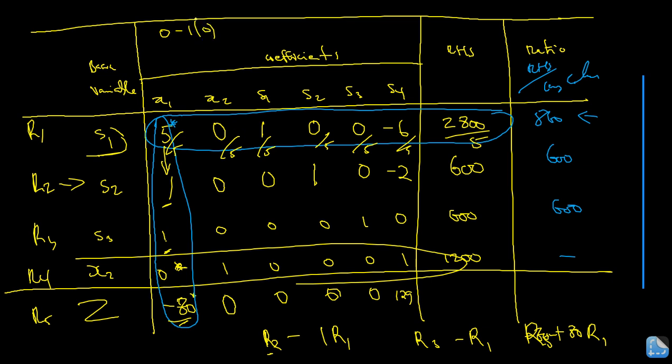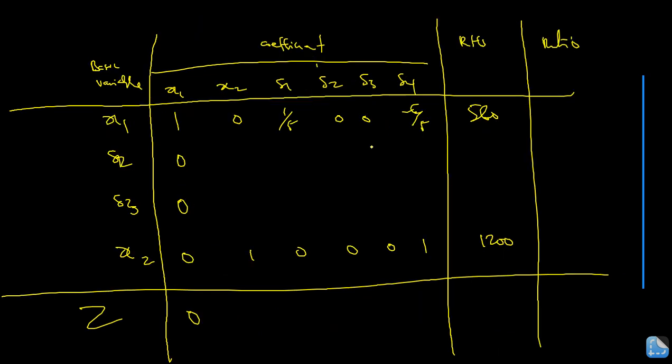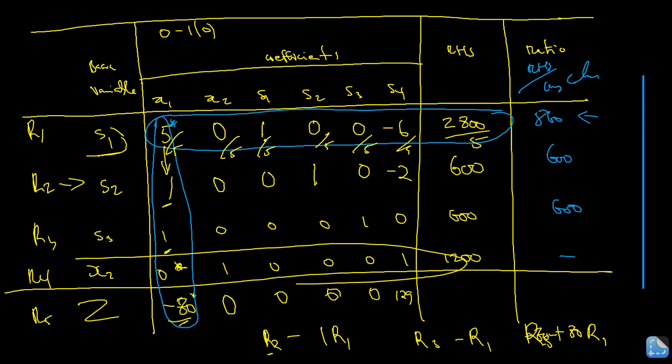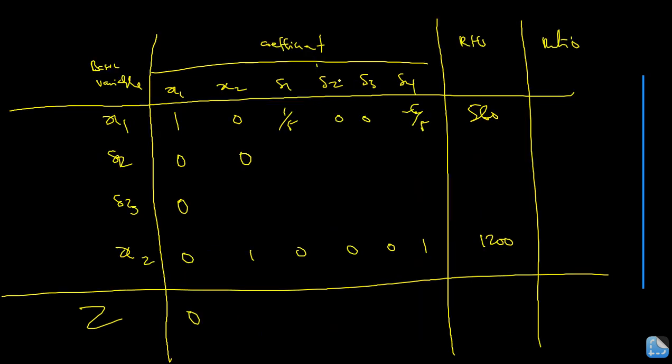So we are going to have a 0 here. This is 1 over 5, the new value. So it will be 0, R2, which is a 0, minus 1 multiplied by 1 over 5. What are we going to get? 1, negative 1 over 5.